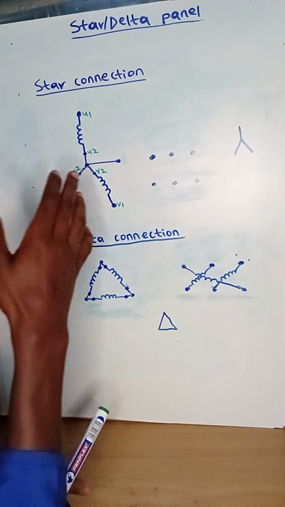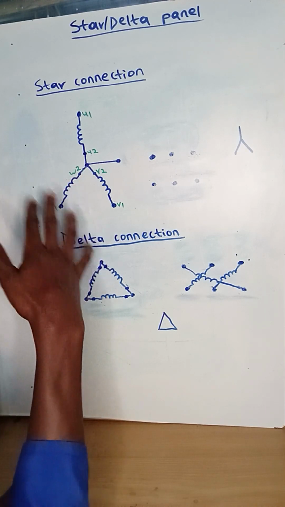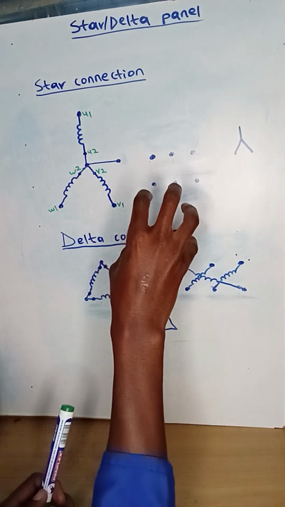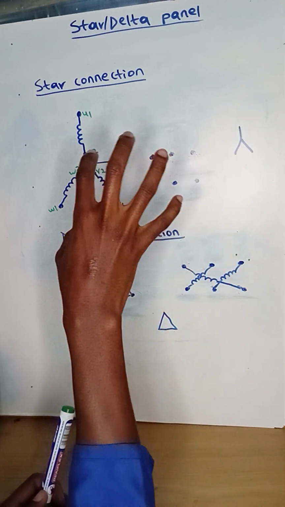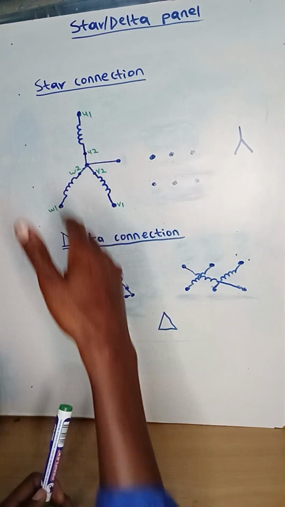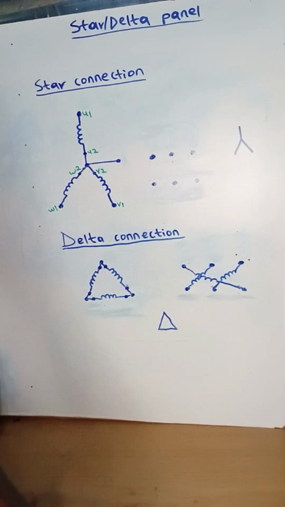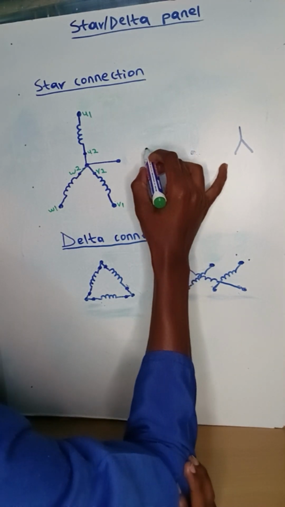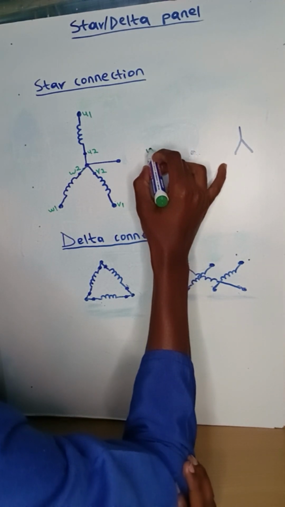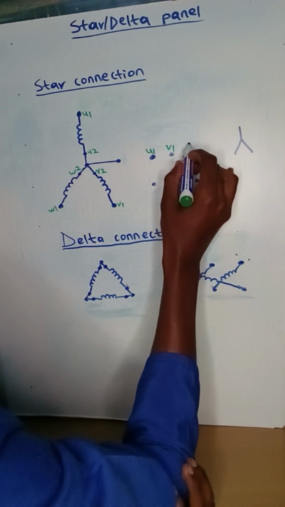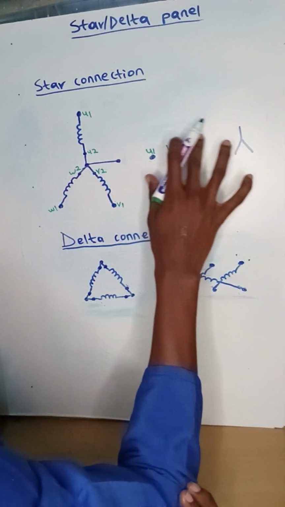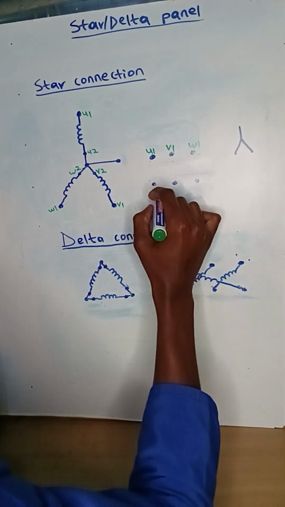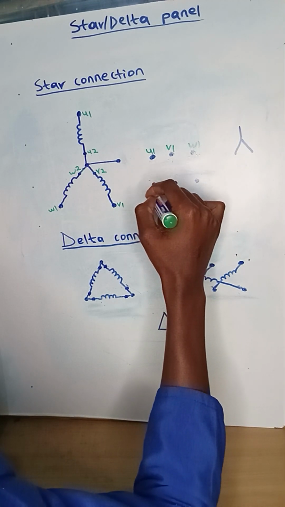Right now I've named my windings from this side. I'll name my 6 points from the 3-phase motor with my windings. Right. So I have U1, V1, W1, which means the ones are on the top and the twos must be on the bottom.